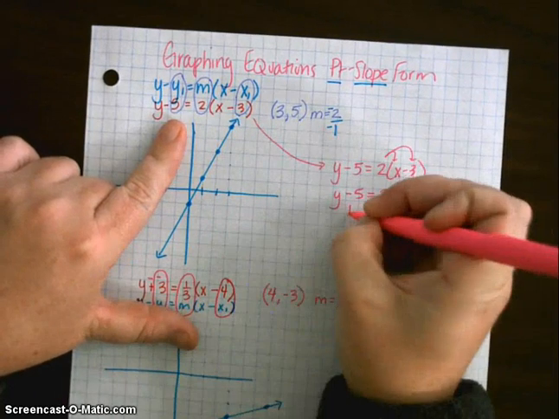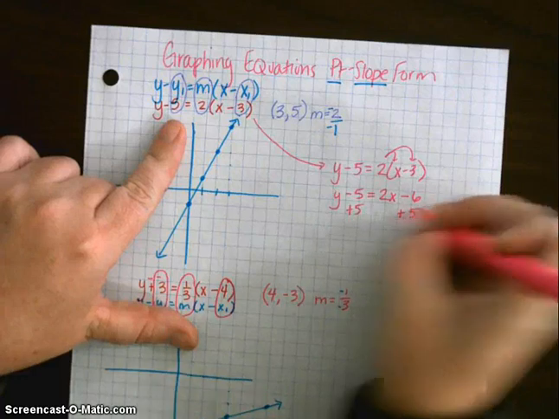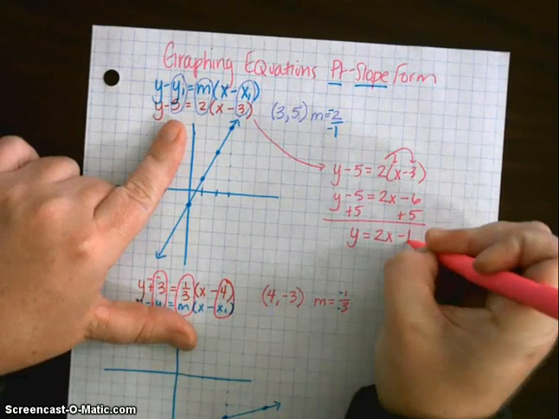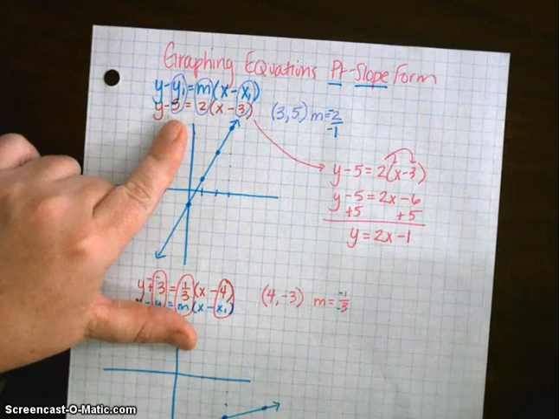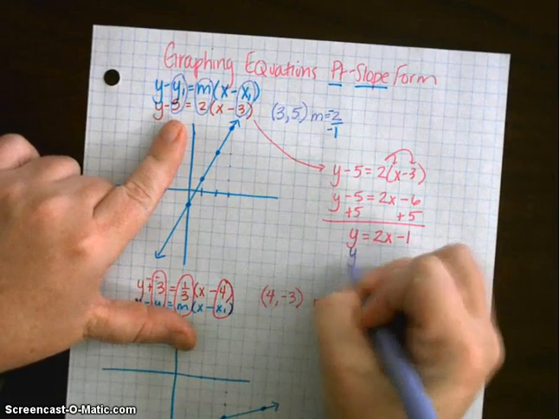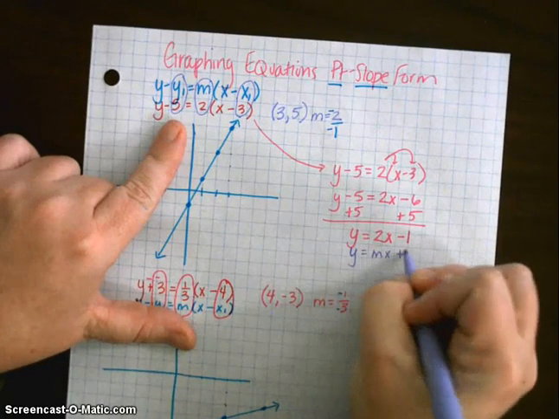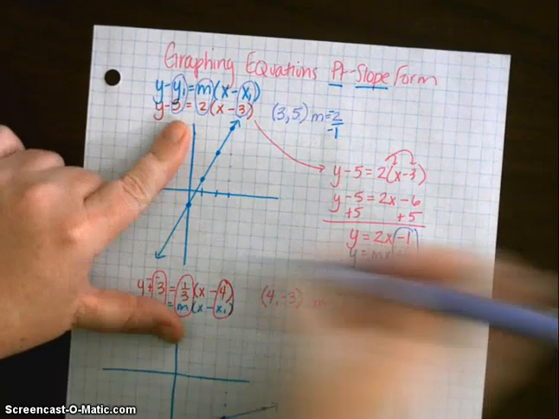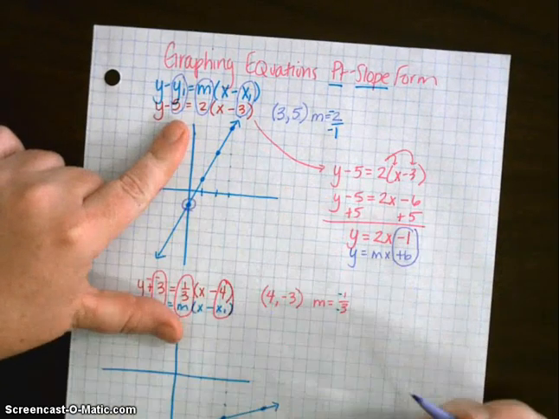Then I would add 5 to both sides, which gives me y equals 2x minus 1. So here, using my normal form, y equals mx plus b, my b value would be negative 1, which is why I have this y-intercept here.